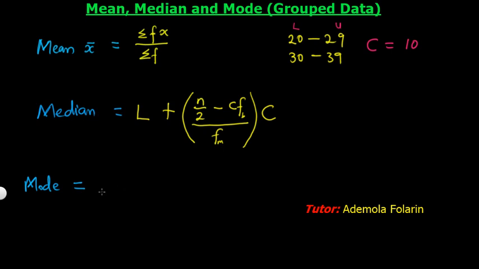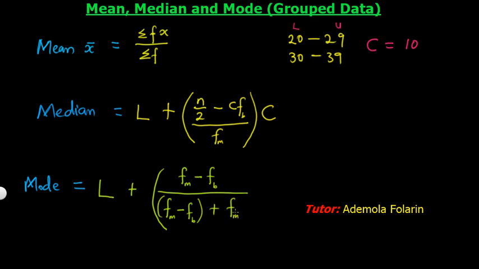The mode is the lower class boundary of the modal class, let's put it that way, plus, open bracket, the frequency of the modal class minus the frequency before the modal class, divided by the frequency of the modal class minus the frequency before, all in bracket, plus the frequency of the modal class minus the frequency after, that is the frequency after the modal class, all closed, multiplied by the class size.